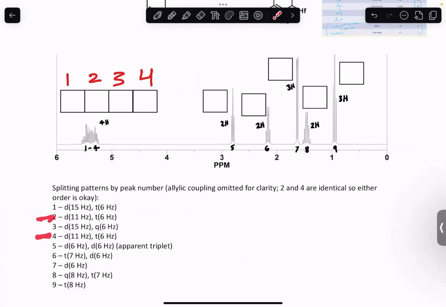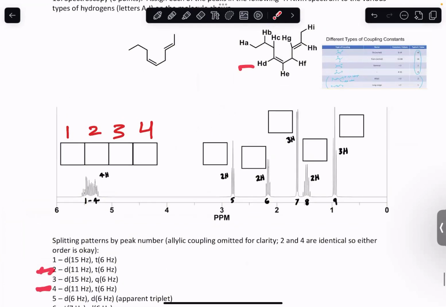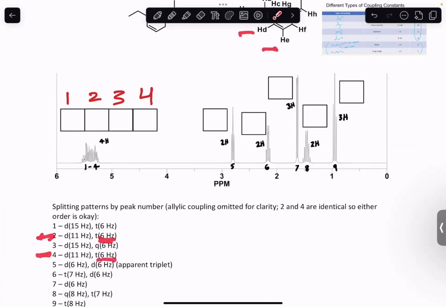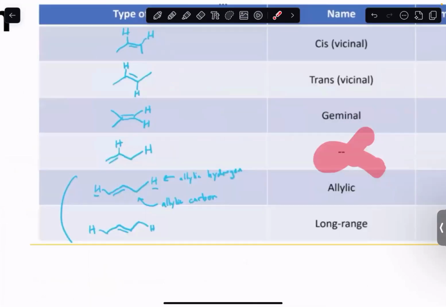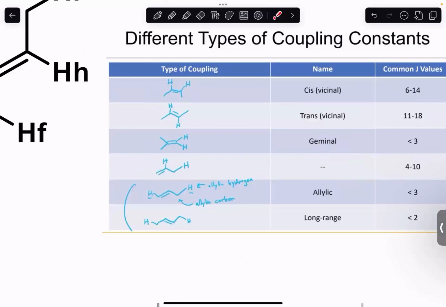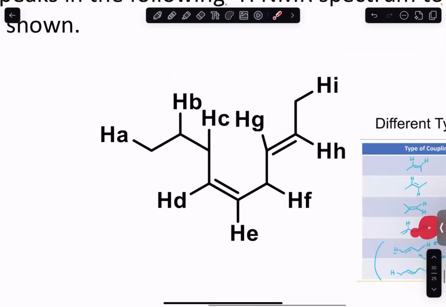So I know 2 and 4 is either going to be D or E. I don't know yet, right? So to figure that out, I then see they also have matching J values of 6 right here. So that means that 6 is going to be alpha. And the alpha means that this alkene hydrogen right here has a relationship with the alpha carbon hydrogen, like that. Right?